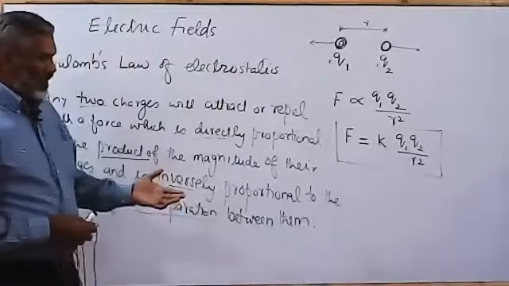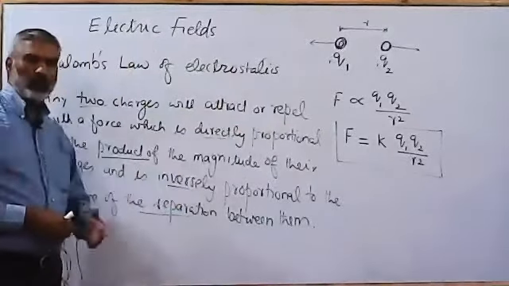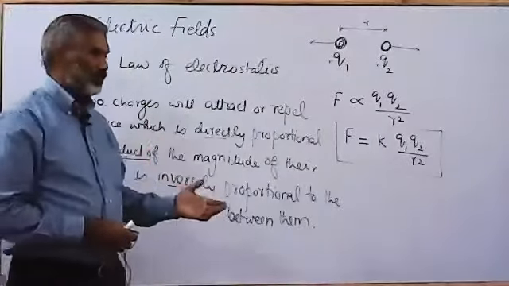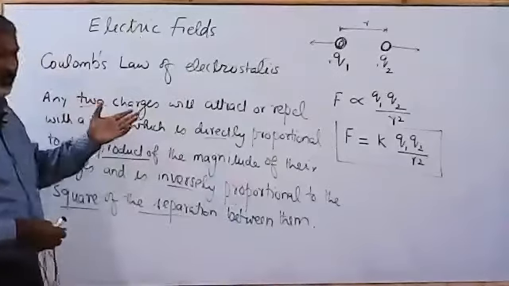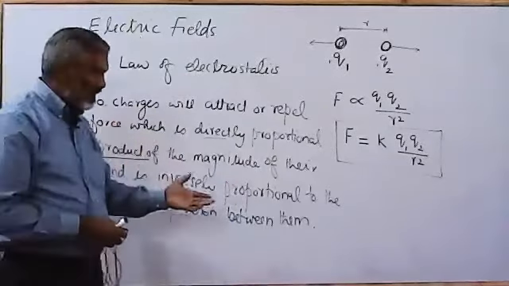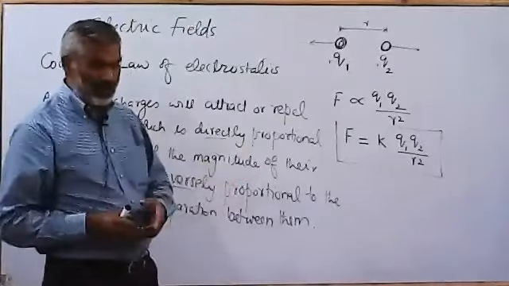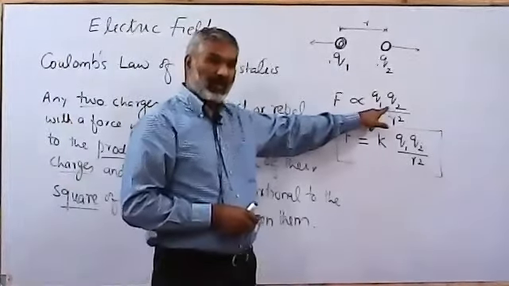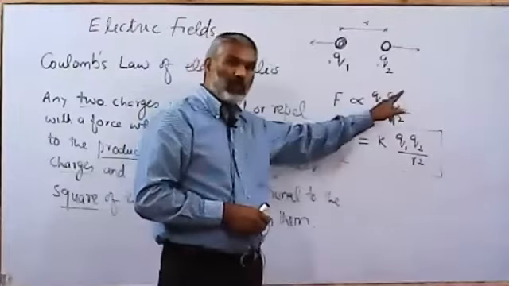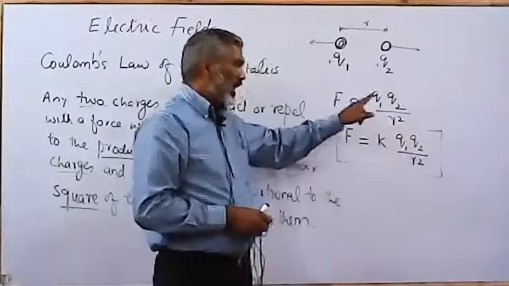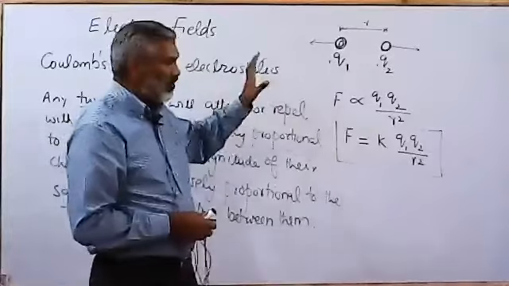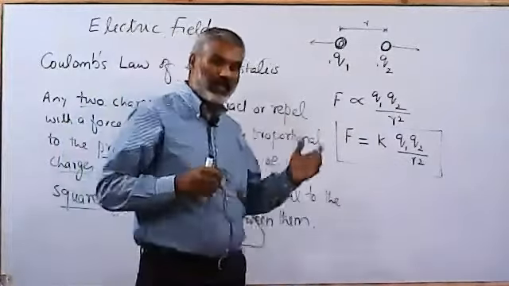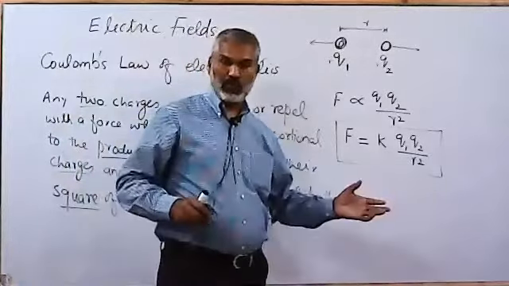If you look closely, you can find a few similarities with the formula that you learn in Newton's law of gravitation. In Newton's law of gravitation, the force of attraction was directly proportional to the product of the masses, and there we wrote M1, M2 if you remember. And similarly, that force was inversely proportional to the square of the distance between the centers of those masses.